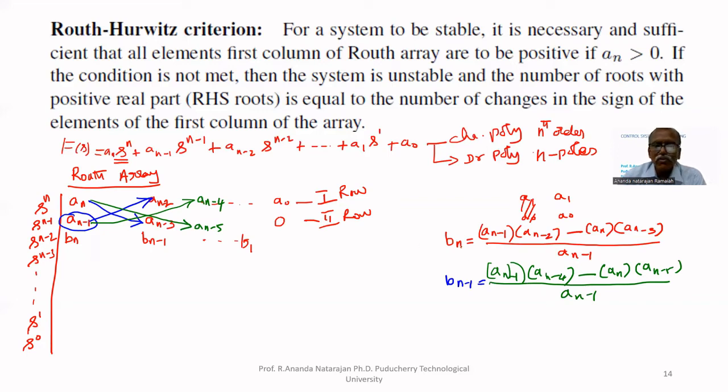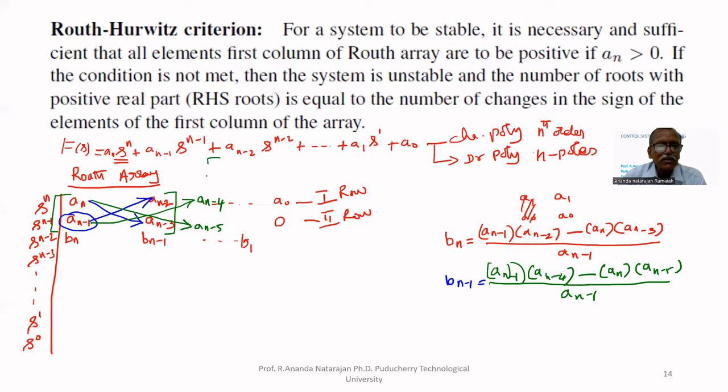Here, how did we find b n? We are taking these four elements, and we multiply the second row first column element with the second column first element, minus the first column first element multiplied by the second column second element, divided by a n minus 1.